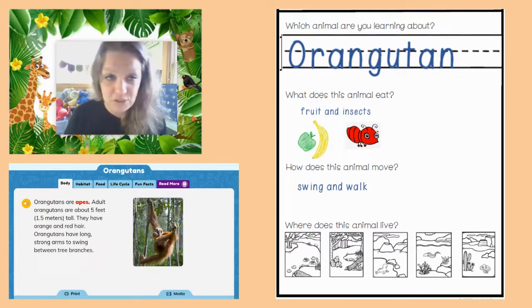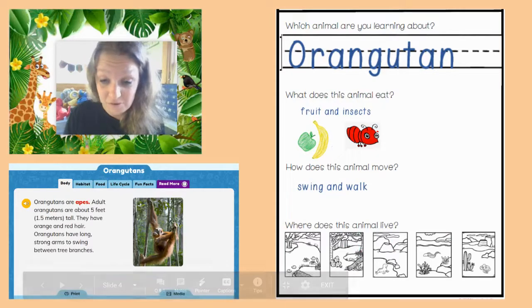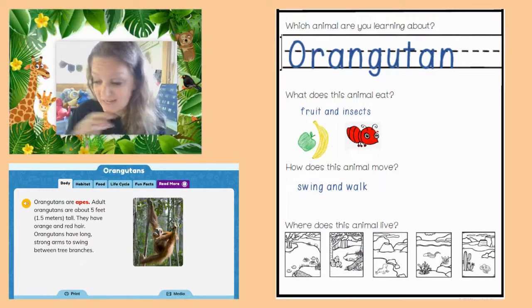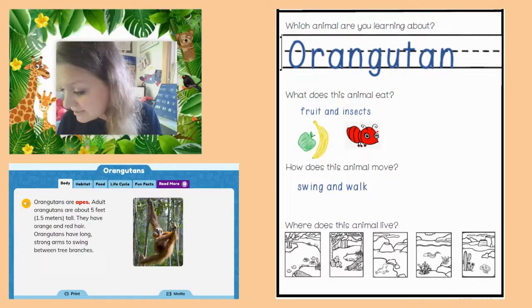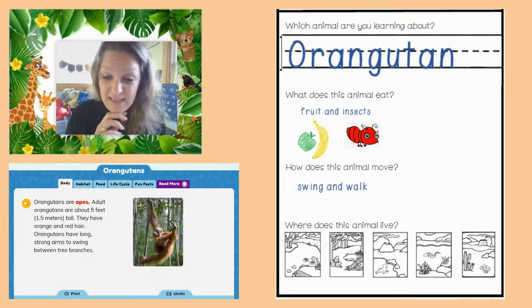It looks like it has a log. The picture next to it is going to be a jungle or a rainforest. If you notice, kindergartners, it has the big palmy leaves. And if I look up in the trees, it has vines for animals to swing from.